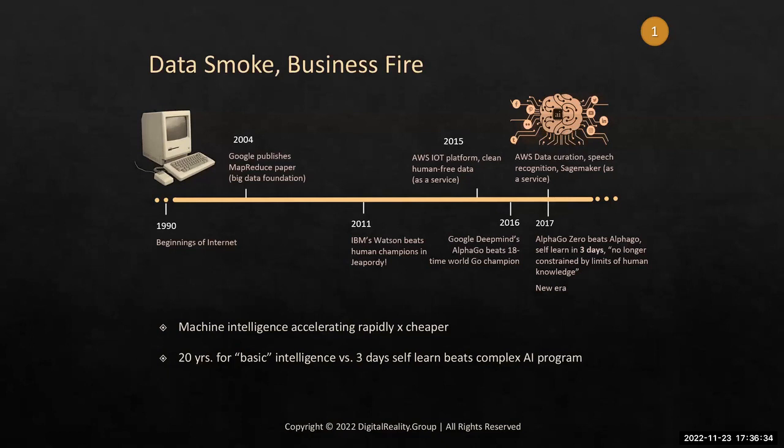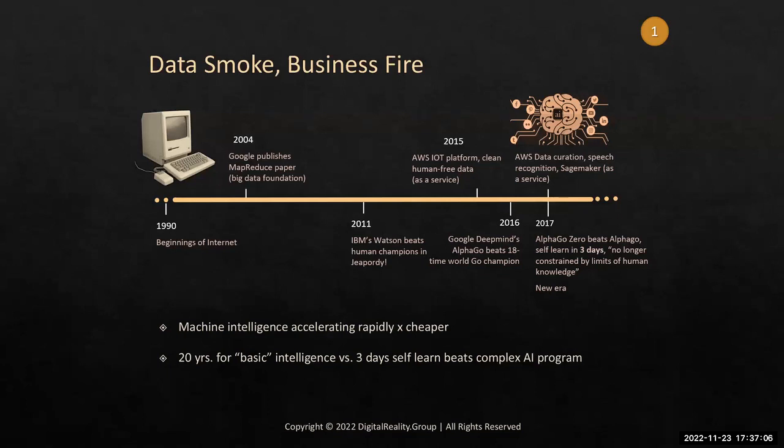That's when it caught our attention, when Watson beat a human champion in Jeopardy. As time goes on, you've witnessed an acceleration of capability, where in 2016 Google's DeepMind AlphaGo beat an 18-time world champion. That's a very complex game, and the computer has beaten a human.